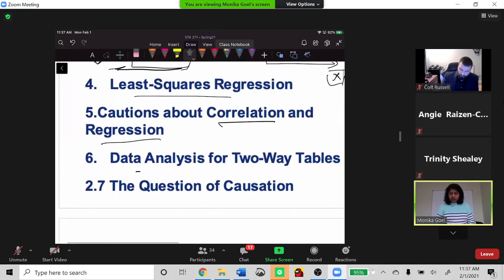Then we will also talk about two-way tables, when to use two-way tables, and when to use your correlation and regression. We cannot use two-way tables and scatter plot, or you can say correlation and regression at the same time. So what kind of variables we use correlation, regression, what kind of variables we have when we work to what kind of variables we use two-way tables.